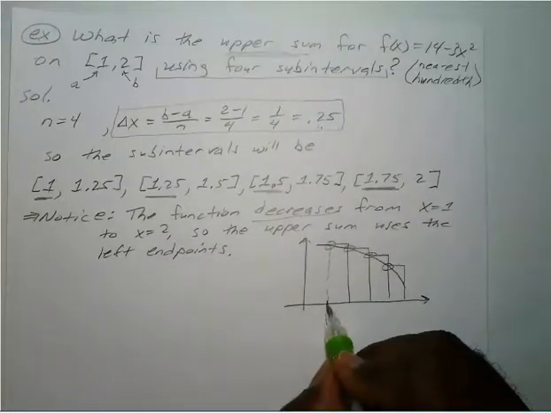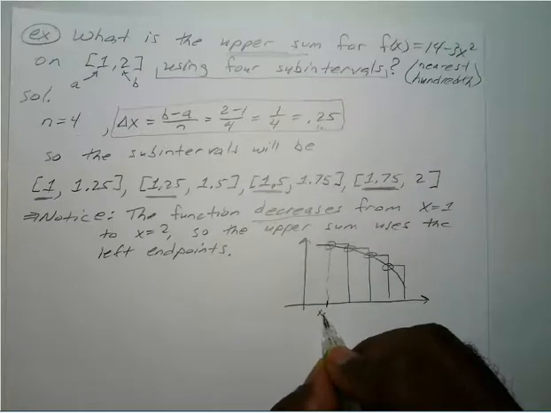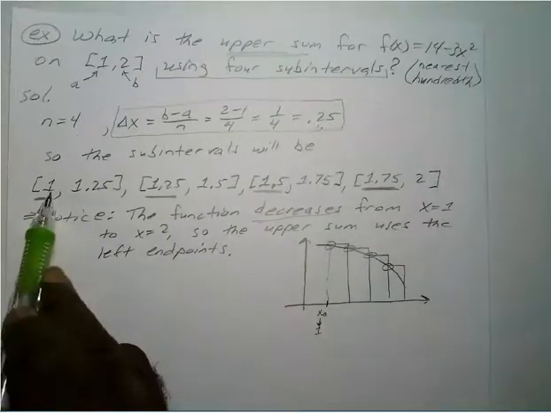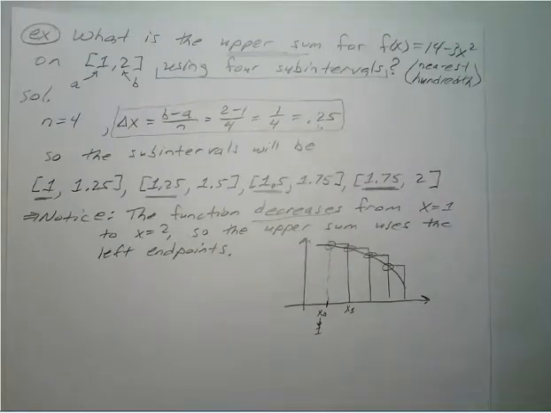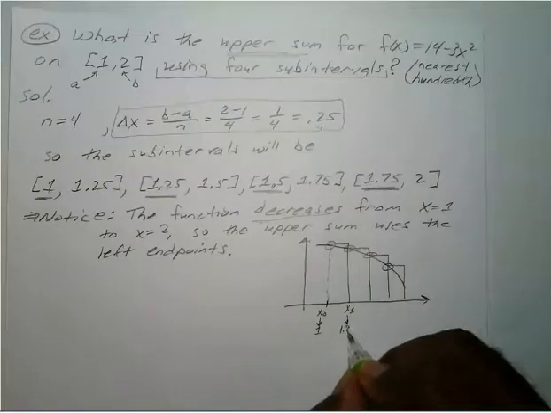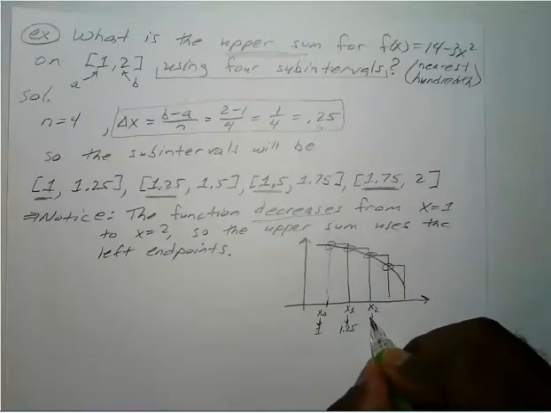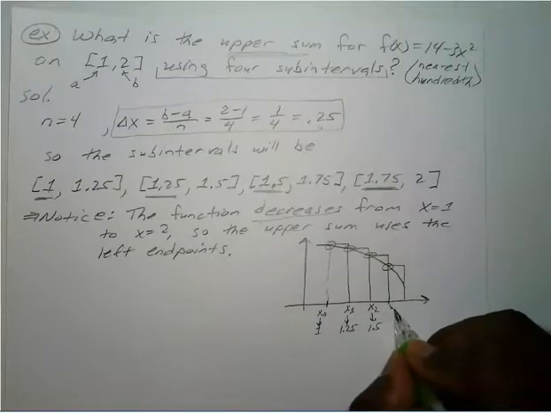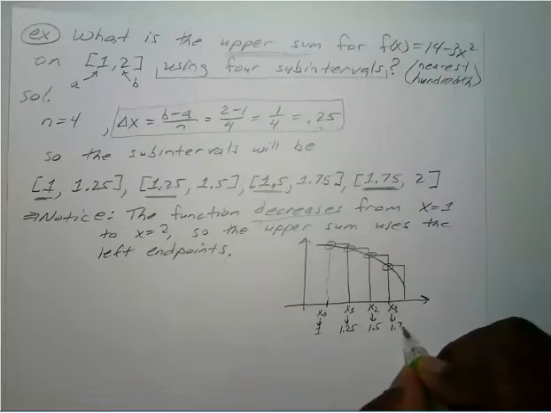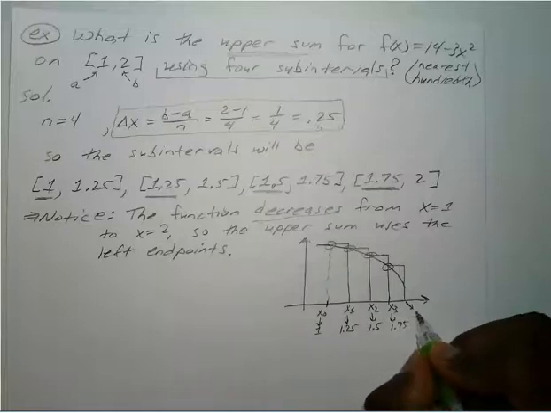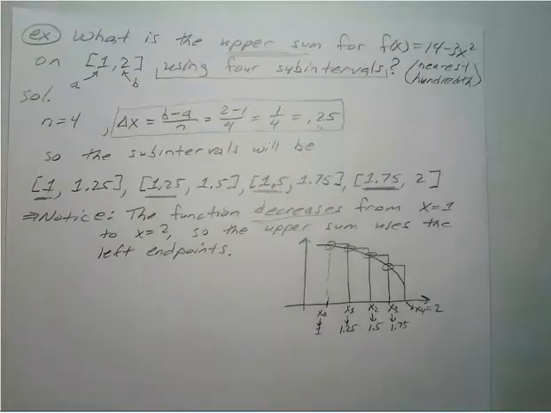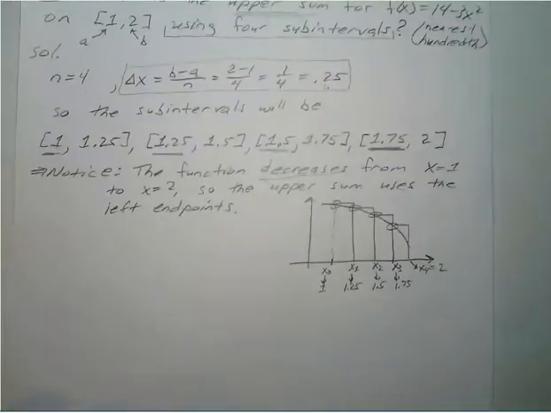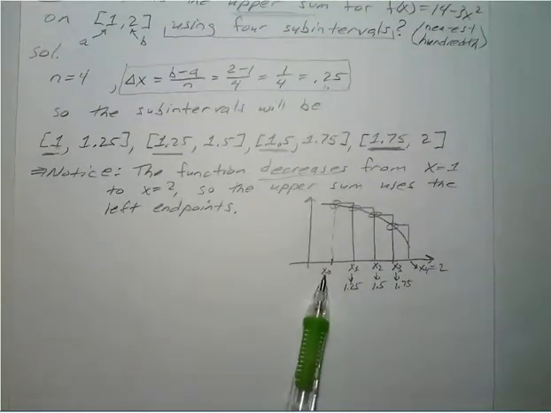Okay, so for this one, this is your x sub 0, which is 1. Your x sub 1, which is 1.25. Your x sub 2, which is 1.5. Your x sub 3, which is 1.75. And this is your x sub 4, which is 2. Alright, since we're starting with our left value, that's your x sub 0.